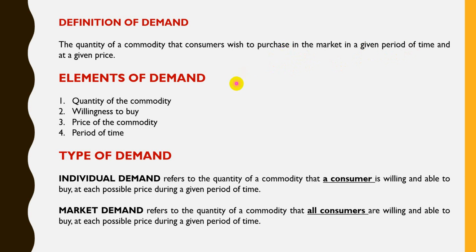What are the elements of demand? There are 4 elements of demand. First is quantity of the commodity. The amount of a commodity that households wish to purchase is called the quantity demanded of that commodity. Second is willingness to buy. Demand is a desired quantity.